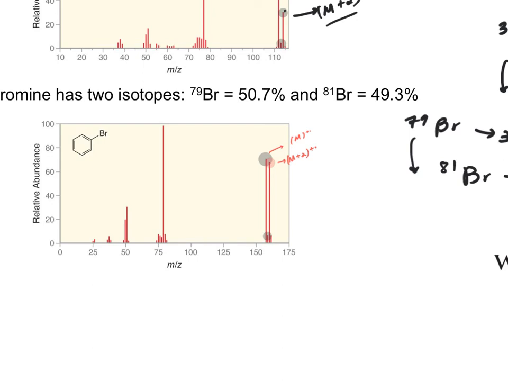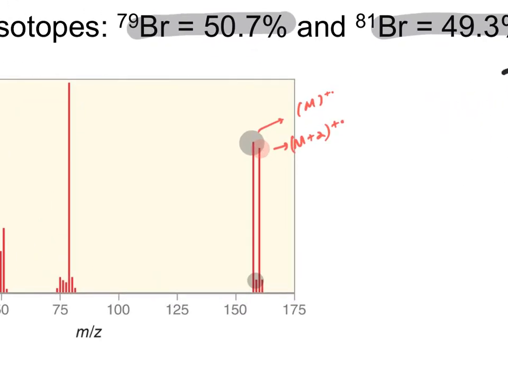The question is, how do you know the difference? And the difference comes from those different relative proportions of the 2 isotopes. For bromine, 50% of the time we're going to find bromine 79, but then 50% of the time we're going to find bromine 81. So if you compare the relative ratios of this M+2 peak to this molecular ion peak, and they're approximately 50-50, then that tells you that this has to be bromine.